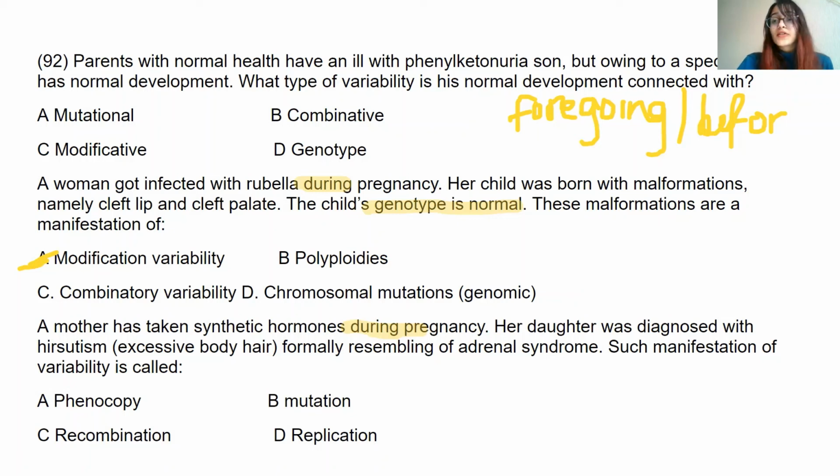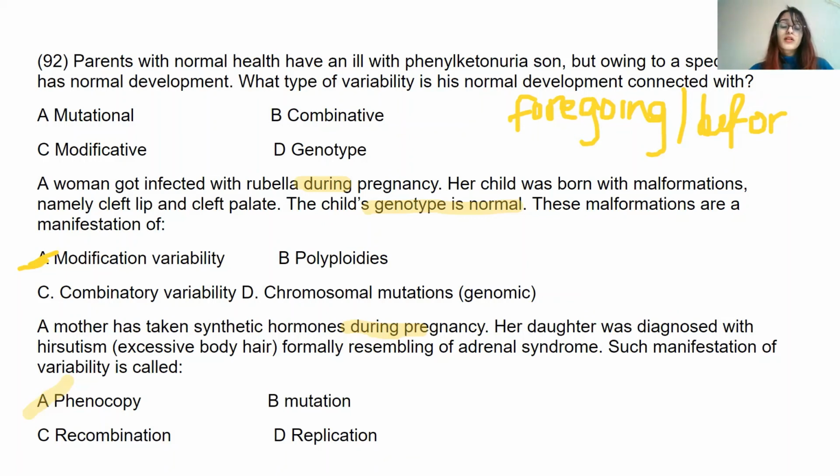But her genotype is normal, so these symptoms are not heritable. When it is not heritable, you should look for modificative variability. And since it is not in the answers, you should choose phenocopy, because it is phenotypically similar to a disease that is normally inherited, but it is not inherited. It is just phenotypically similar due to some environmental factors.